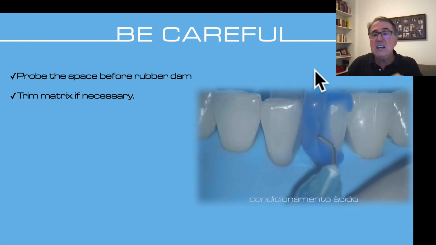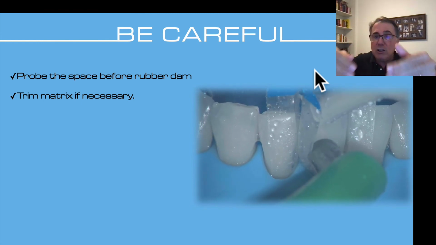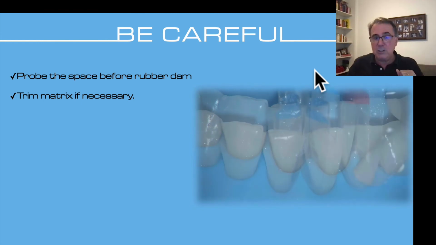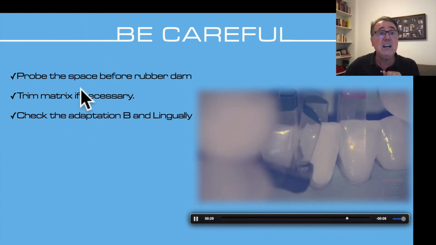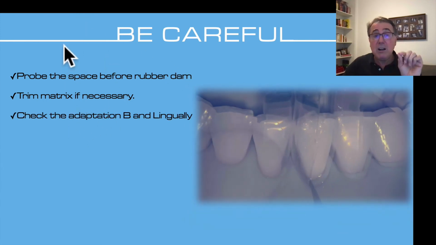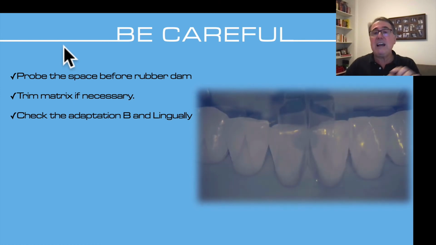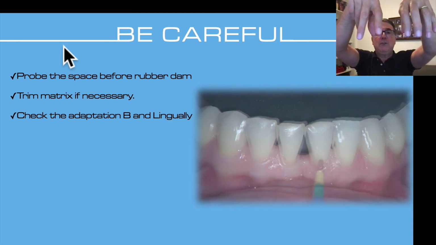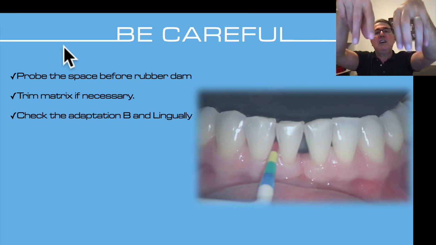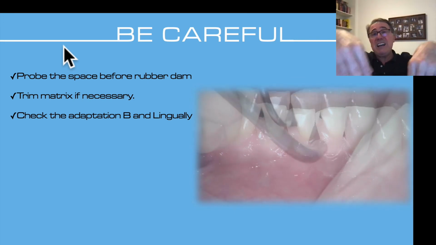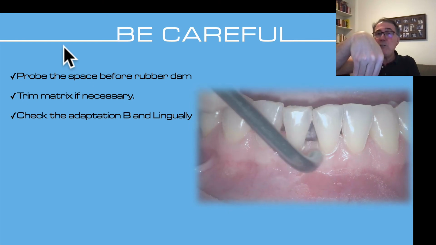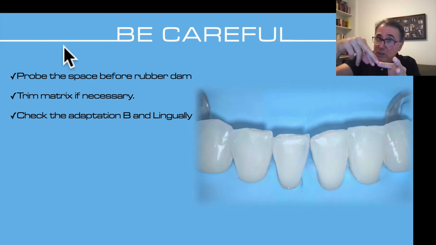Not at the cervical area, but on the lingual or on the buccal part of the matrix. You can trim it a little bit if necessary. Check the adaptation buccally and lingually. Sometimes you look from the buccal position, you say, oh, it's okay, and you don't check on the lingual surface. And sometimes on the lingual surface, it's not very well adapted, and that's where you need to trim it a little bit.